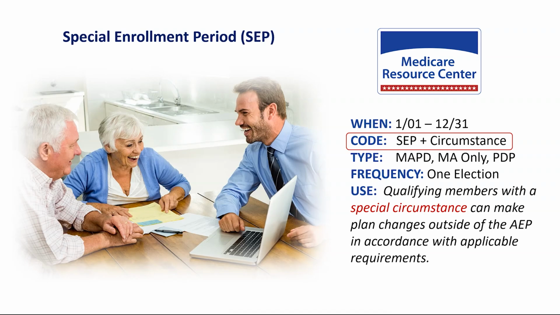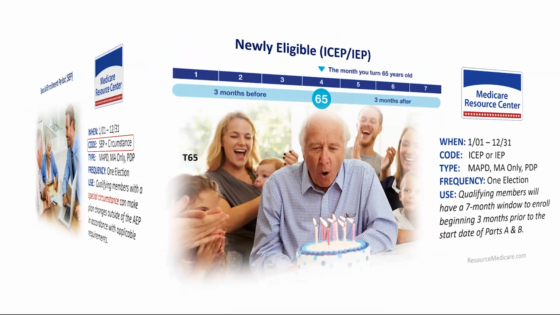Special enrollment periods can exist anytime during the year. It just depends on the situation. Of course, you can use special enrollment periods to enroll into any Medicare privatized plan. And we're going to talk about specific special enrollment periods a little bit later. We're going to go through many of them one by one.